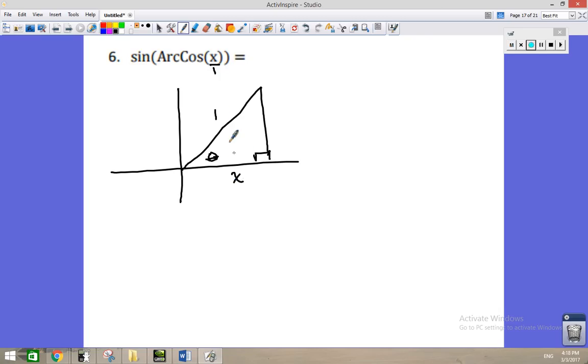So the adjacent over the hypotenuse, and by the Pythagorean theorem, 1 squared minus x squared. So the sine of theta is the opposite leg over the hypotenuse. It seems like we did that one in a previous problem, right? Probably said inverse cos. Probably used that previous notation, but that's my final answer.